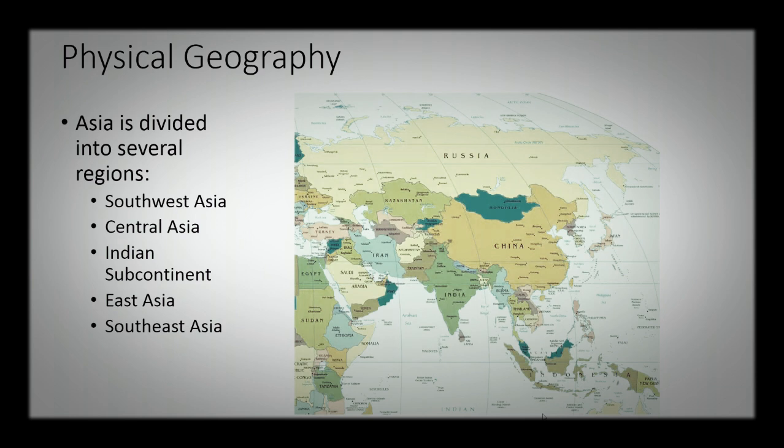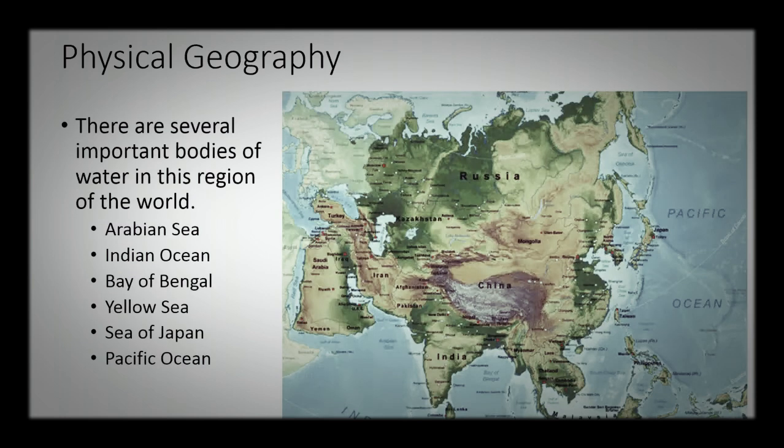All right, so all of these regions are regions on the continent of Asia, on the landmass of Eurasia. But with this unit, we're going to be talking about three of those regions: the Indian subcontinent, East Asia, and Southeast Asia.